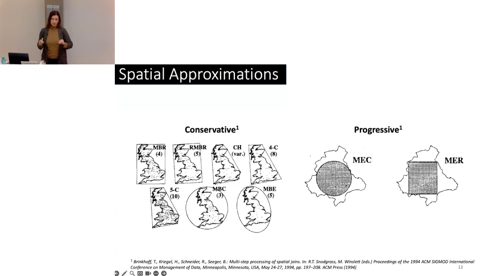We just need 4 values, because in order to describe a rectangle, we just need the lower left corner and the upper right corner of the rectangle, and then we can draw the whole rectangle. So we need 2 coordinates for each corner. That's 4 values. And if you look at the number of values for the other approximations, you can see that there is a trade-off here. For approximations where we use more values, we can also approximate the underlying geometry more precisely.